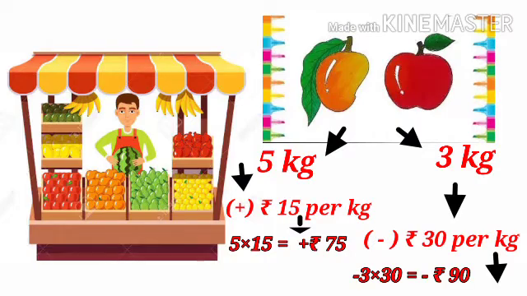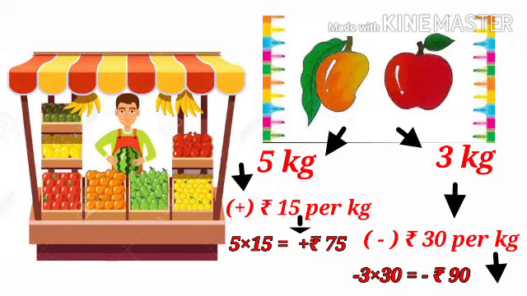The fruit seller sells 5 kgs of mangoes for a profit of rupees 15 per kg. So, totally he earns a profit of 5 into 15, which gives rupees 75. Profit is considered to be a positive integer. So, rupees 75 should be considered as a positive integer here.